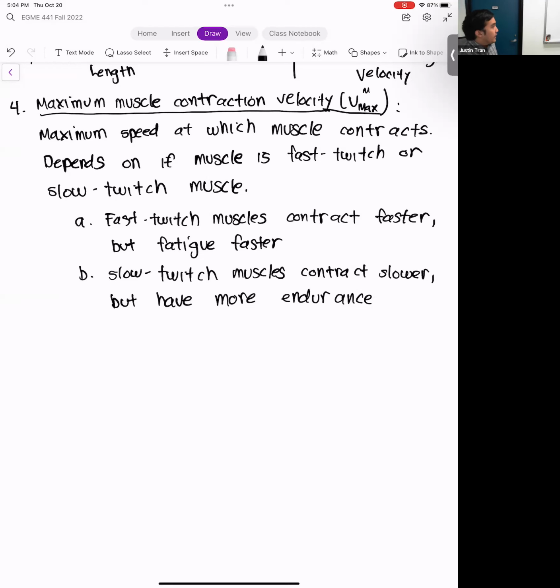All right. And so the fifth parameter, we're not really going to get too much into it just because of time constraints, but the fifth parameter here actually has to do with the tendon. We haven't really talked about tendons much at all, but the tendons actually can have a big impact on the muscle force. And so parameter 5 is known as the tendon slack length.